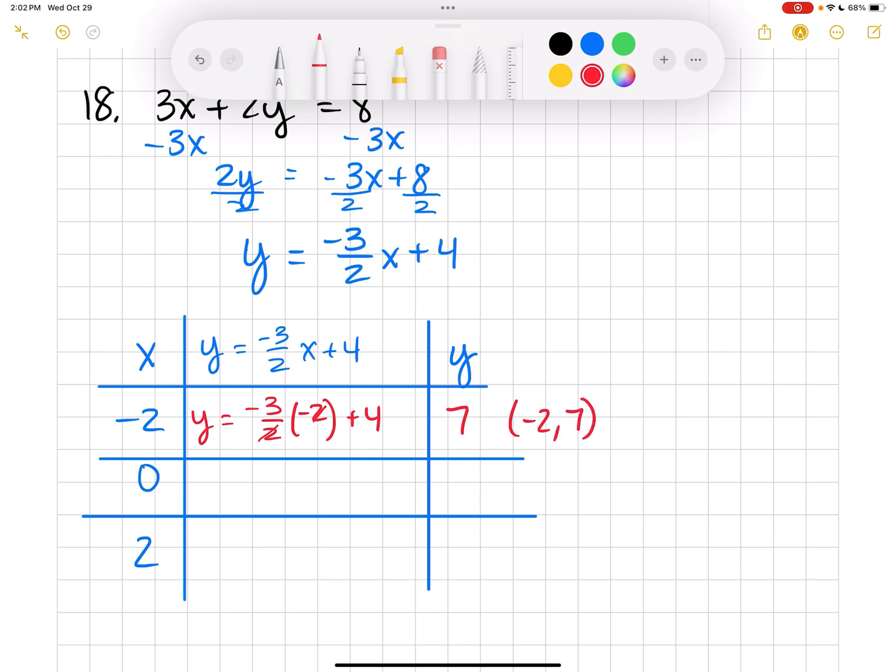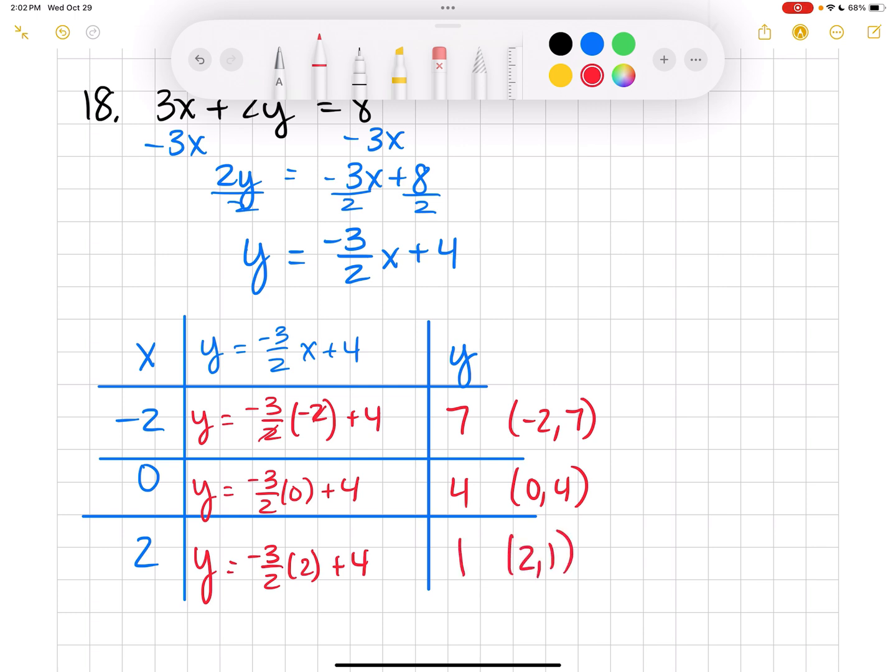Plug in 0, I get -3/2 times 0 plus 4. So that's 0, 4. And lastly 2, y equals -3/2 times 2 plus 4. That's 1, so this is the point 2, 1. So graph it.